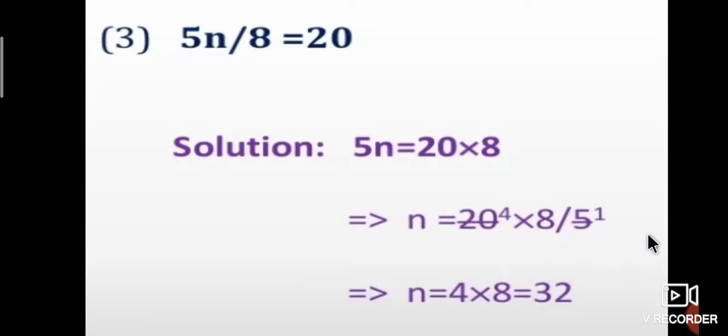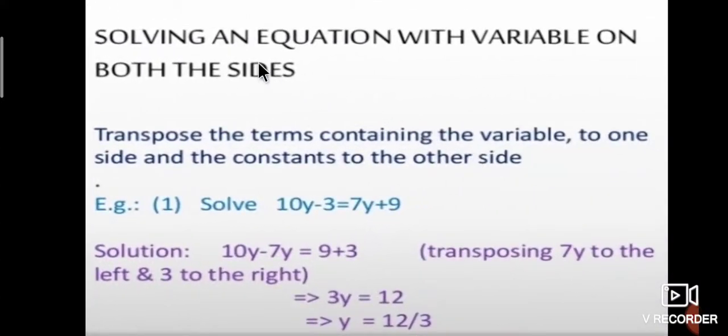Okay, next one is solving an equation with variables on both the sides. Therefore, transpose the terms containing the variable to one side and the constants to the other side.